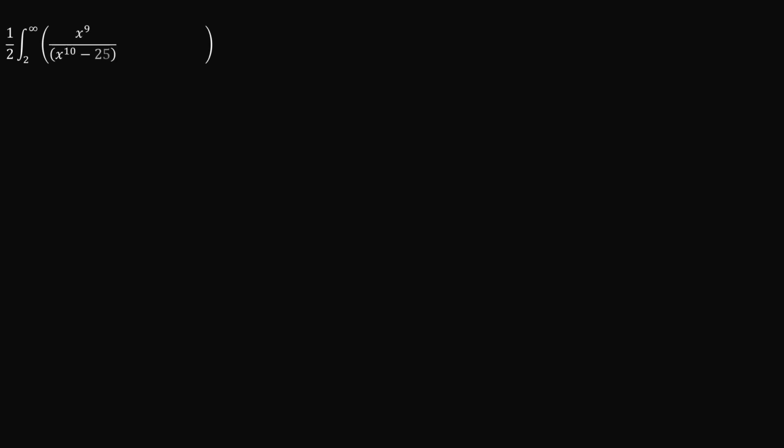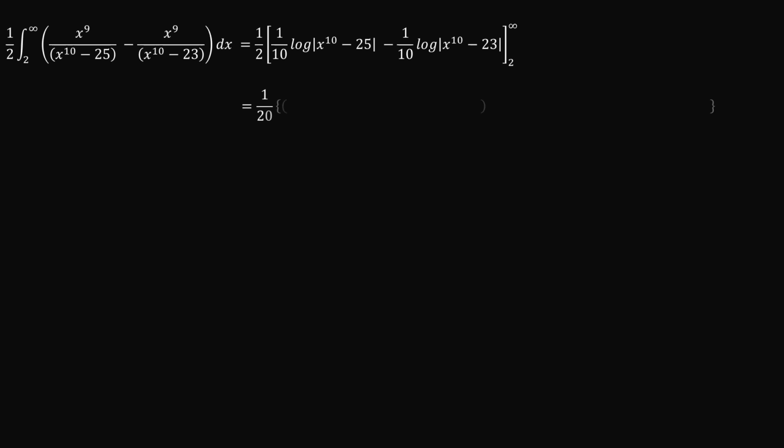So as I mentioned previously, the integral of the first fraction is 1 over 10 log of the absolute value of x to the power 10 minus 25, minus 1 over 10 log of the absolute value of x to the power 10 minus 23, from 2 to infinity.